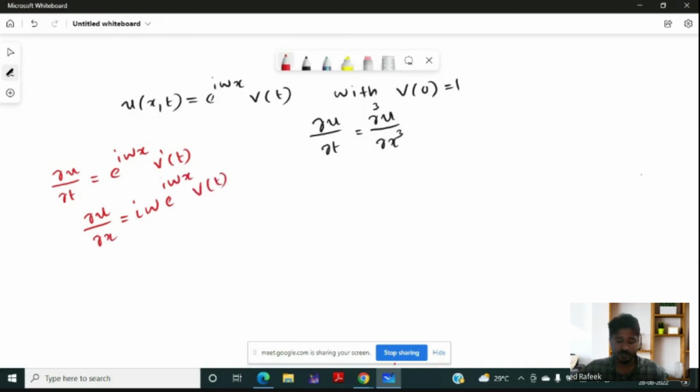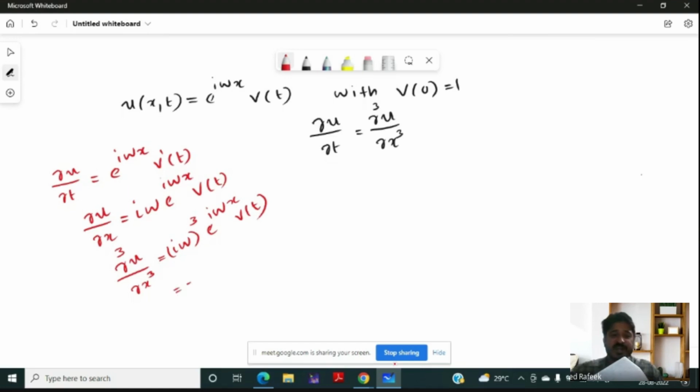Likewise, you will get dou cube u by dou x cube: i omega whole cube e raised to i omega x v of t will come. That is nothing but, since i cube is minus i, minus i omega cube e raised to i omega x v of t.